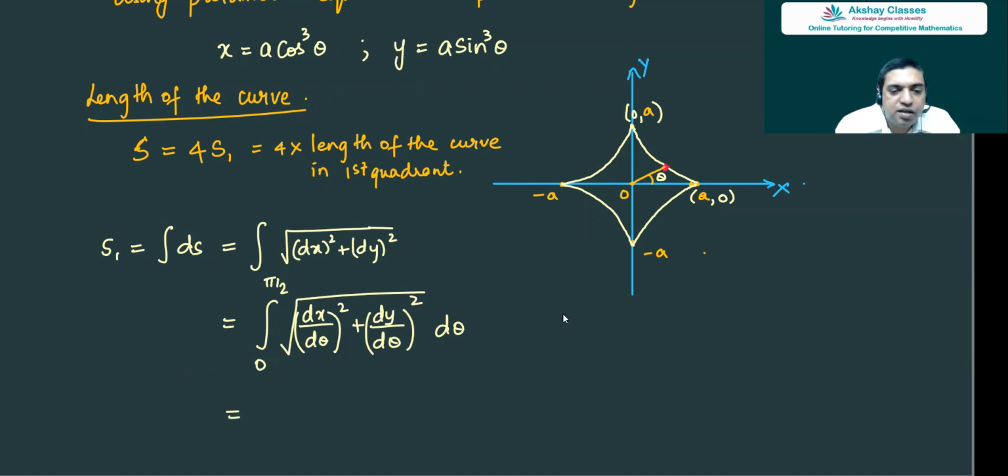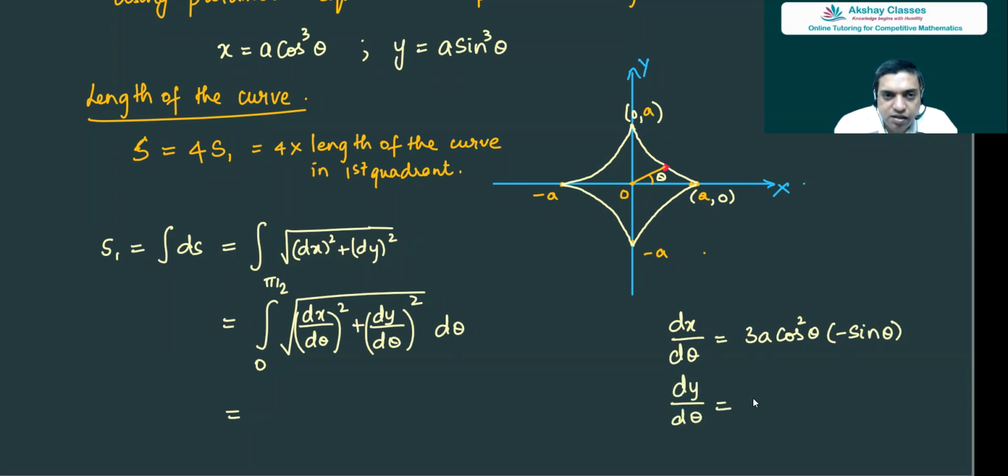So dx by d theta is 3a cos square theta into minus sine theta, and dy by d theta is 3a sine square theta into cos theta.